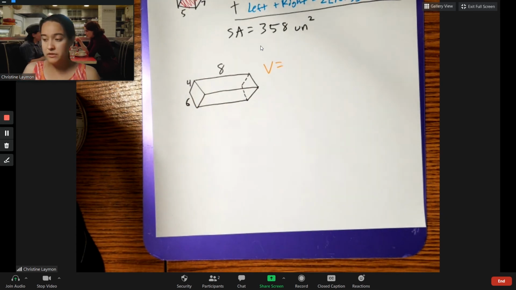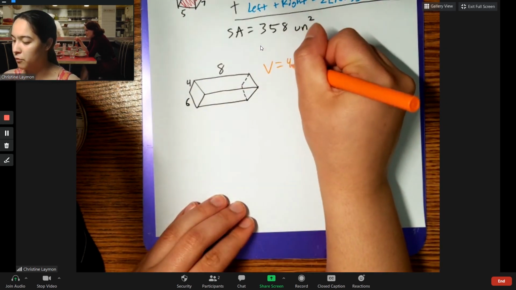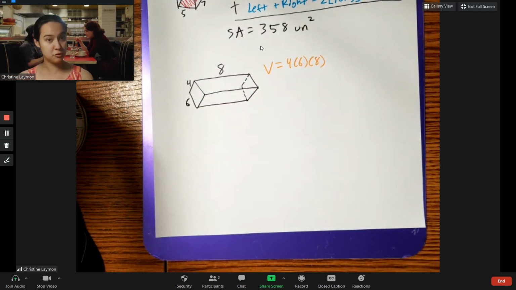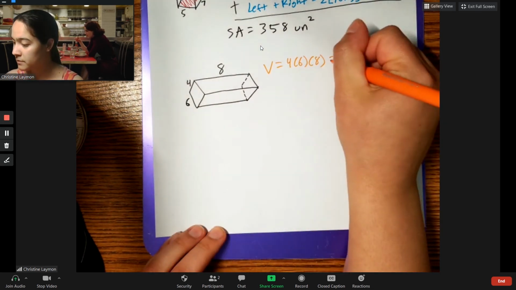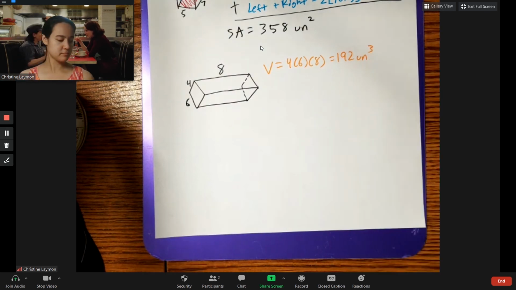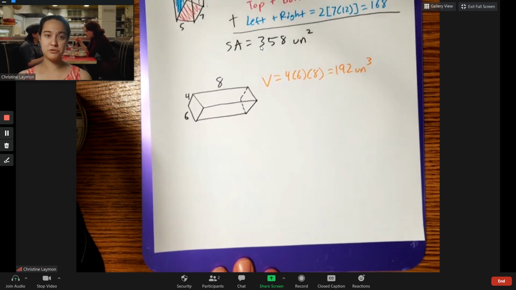So I have this area of bread, 4 by 6, and I have 8 pieces of bread stacked together. So I'm going to have 4 times 6 times 8. 4 times 6 is 24, and 24 times 8 is 192. So 192 units cubed.